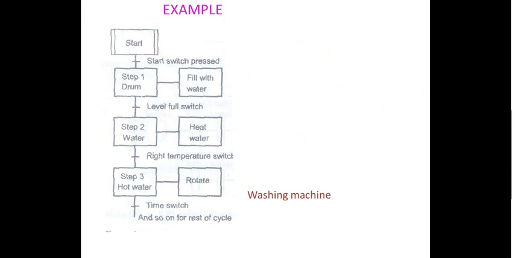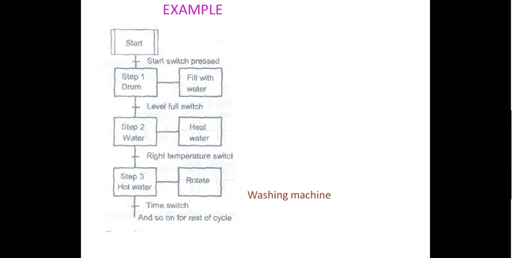So the first one, we call it selective branching. The first one is referred to as selective branching. Now these kinds of operations are very essential, again I repeat, in industrial control or the sequential process of operation, or the process control.